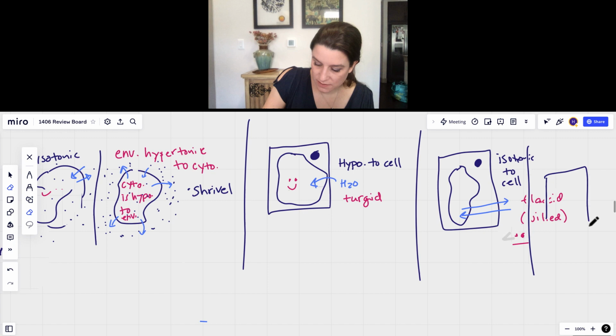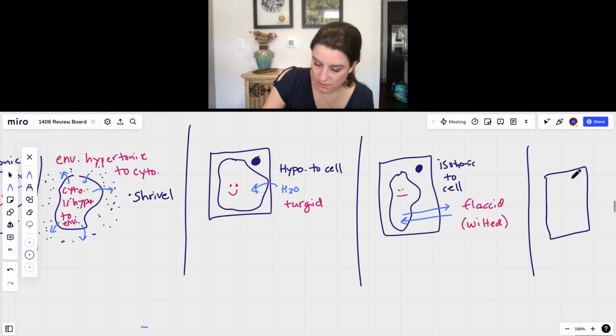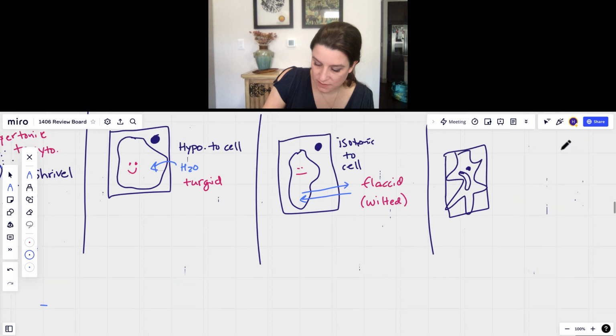What about in a hypertonic environment? Actually, the plasma membrane pulls away from the cell wall. Why? Because in a hypertonic environment, more water is going out than coming in, which means it's losing the water, which means it undergoes plasmolysis, or it plasmolyzes, and then it dies.